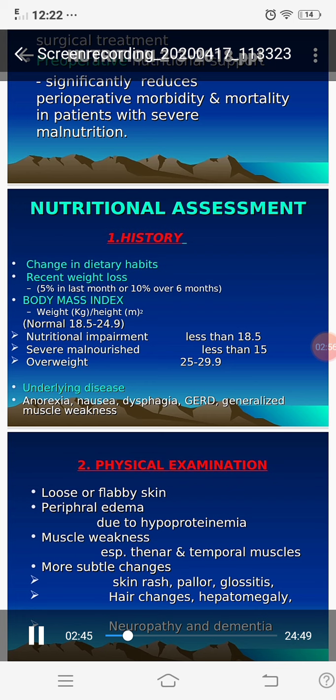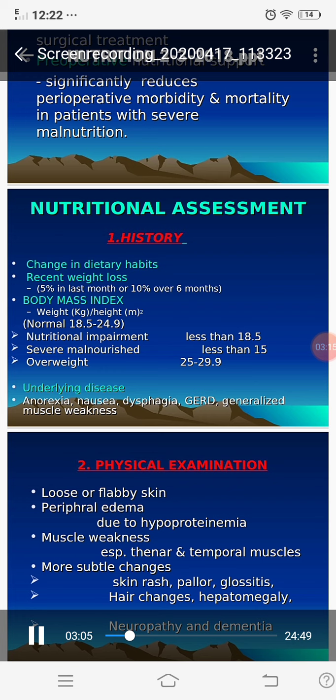If the body mass index is less than 18.5, there is nutritional impairment of the patient. If it is less than 15, the patient is severely malnourished. And if the patient is overweight, it will be between 25 and 29.9.